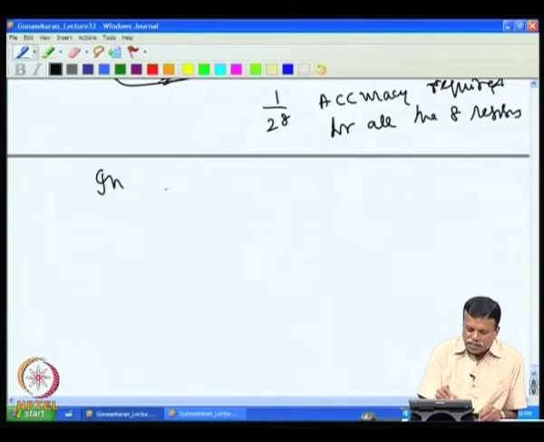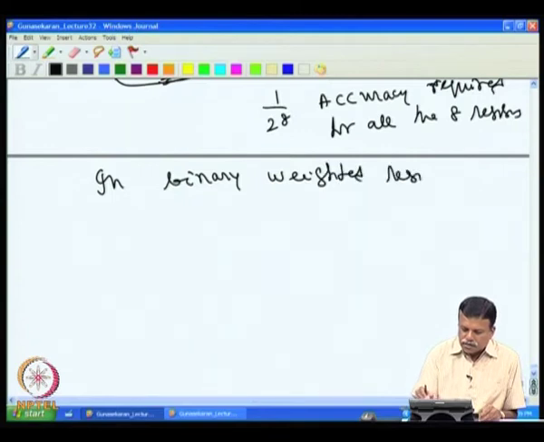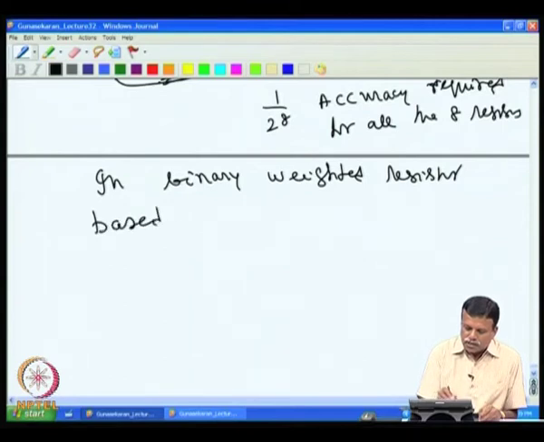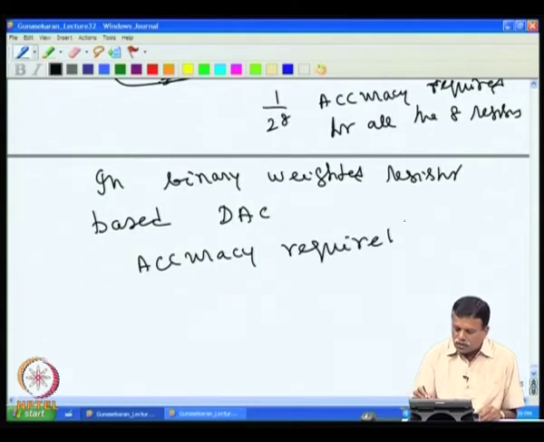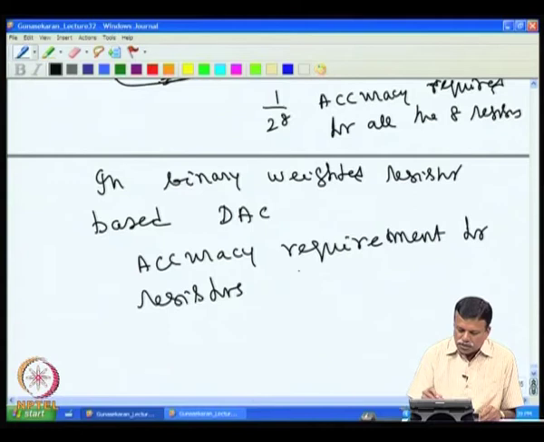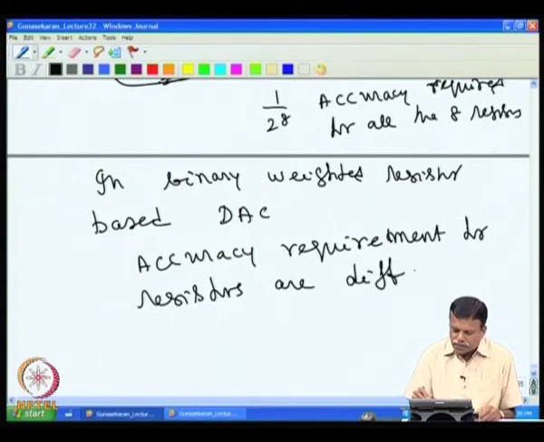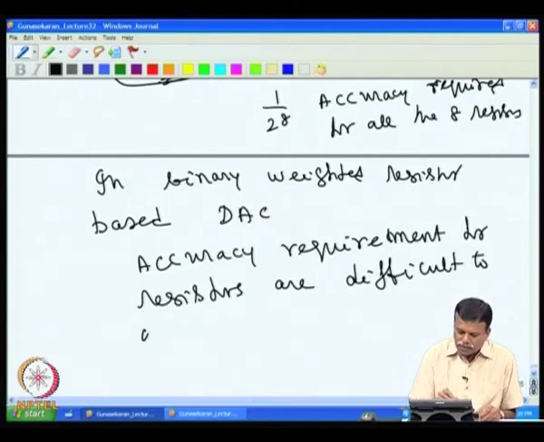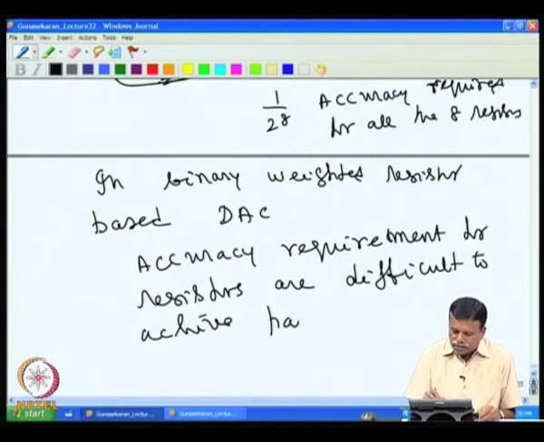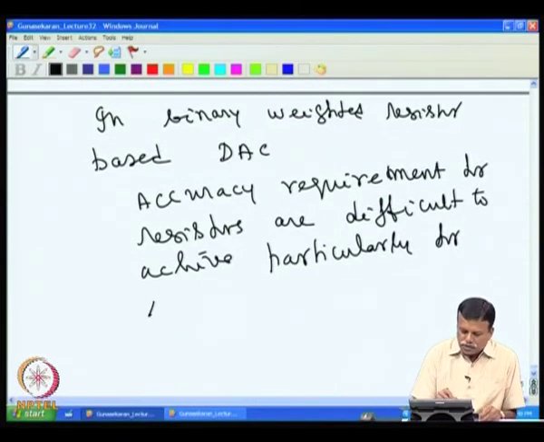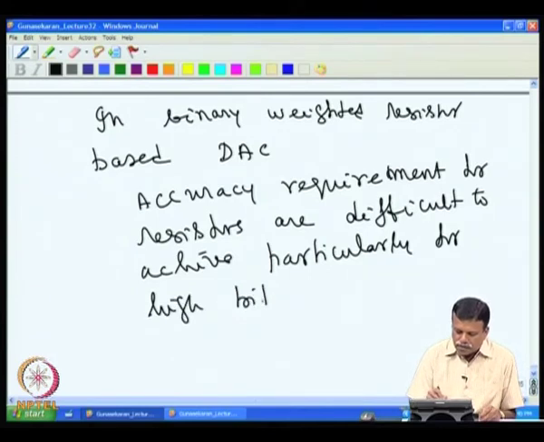In binary weighted resistor based DAC, the accuracy requirement for resistors is difficult to achieve, particularly for high bit DACs.